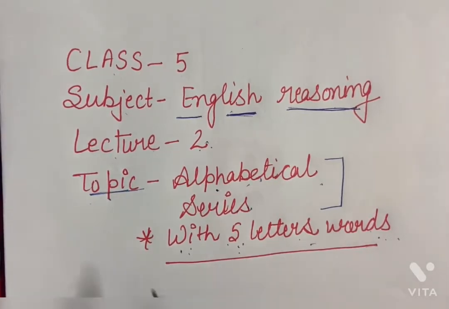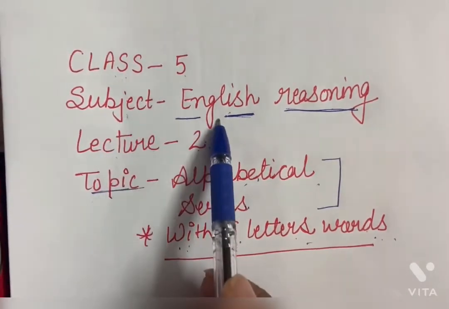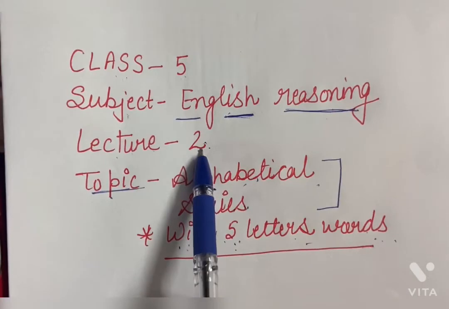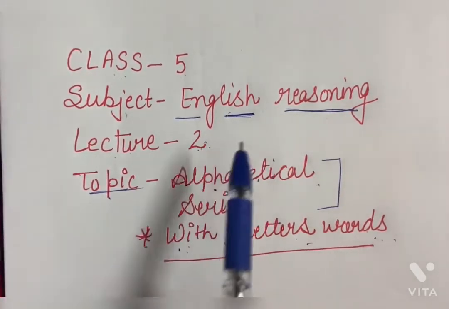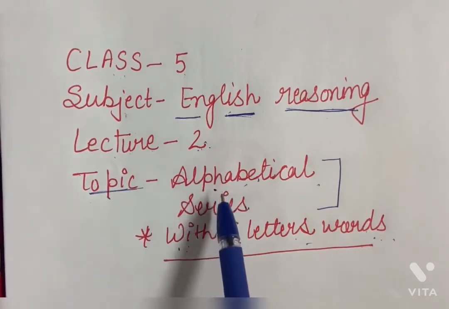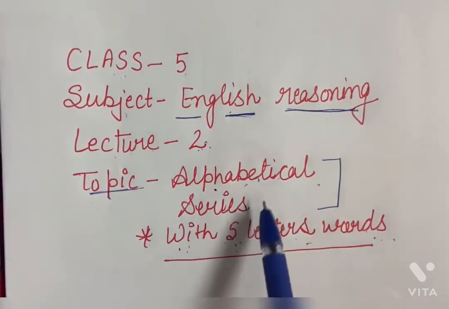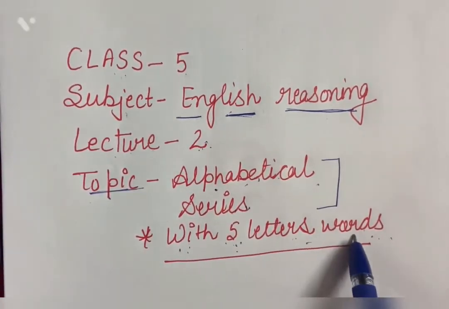Well students, today's lecture is for class 5, subject English reasoning. This is your lecture 2, as lecture 1 you have already done in your last class of the same topic. So today's topic also will be the same: alphabetical series with 5-letter words.